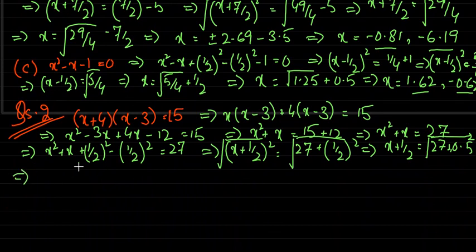If I also take 1 by 2 to that side, it becomes x is equal to the root of 27 plus 0.5 whole square minus 0.5.